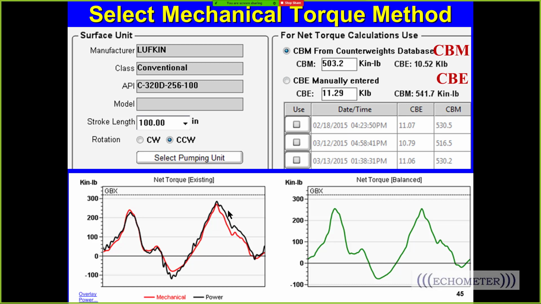Okay, one more question: is the wrist pin weight taken into consideration when calculating counterbalance at different stroke lengths? Really, we're assuming that the structural imbalance takes care of that. The wrist pin is attached to the pitman arm, and that's not part of the crank.